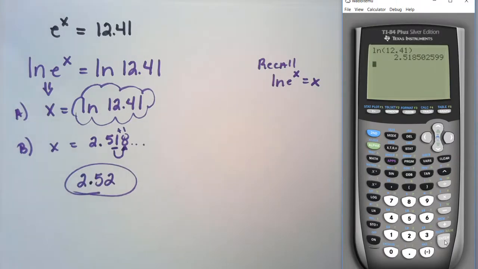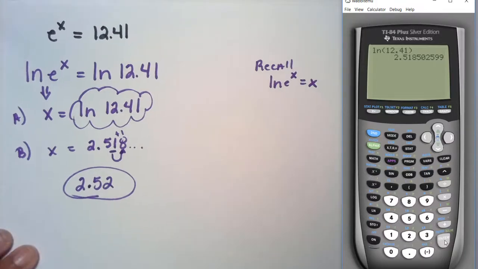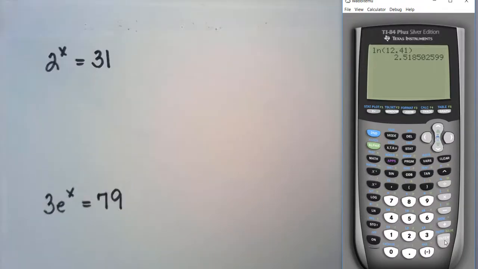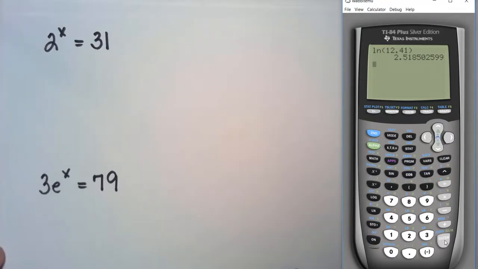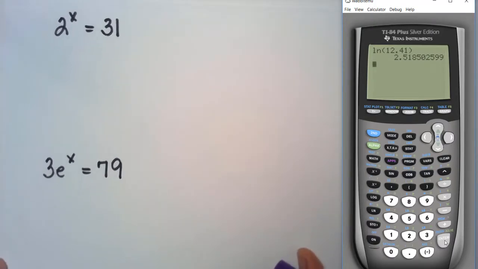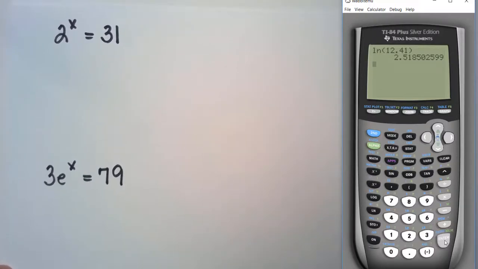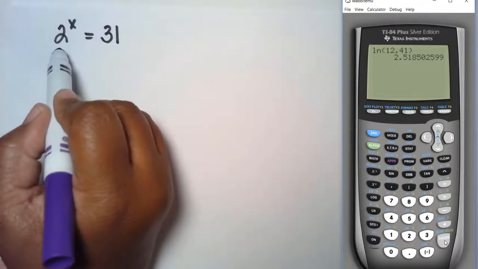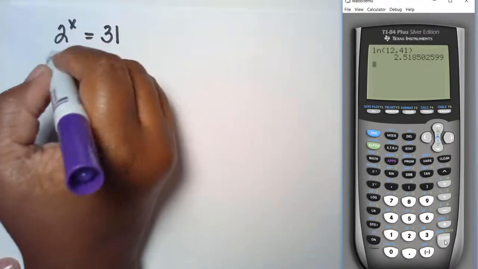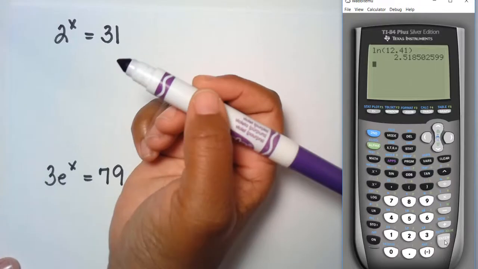All right, let's do a few more. We have here 2 to the x is equal to 31. Then we have the second equation, 3 times e to the x is equal to 79. Now we do not have a base 10, so instead of using the common log, we're going to use the natural log.